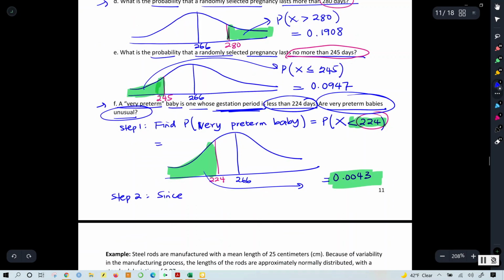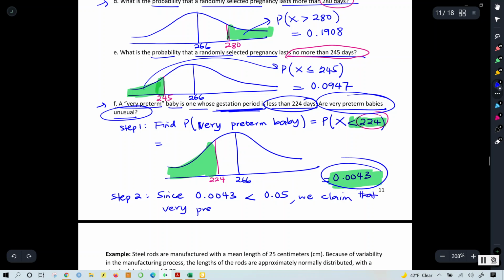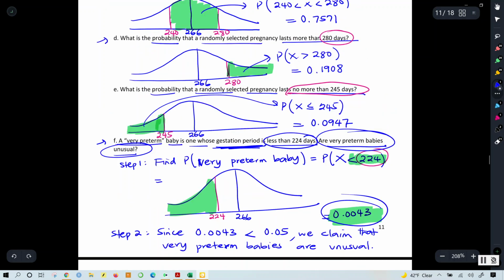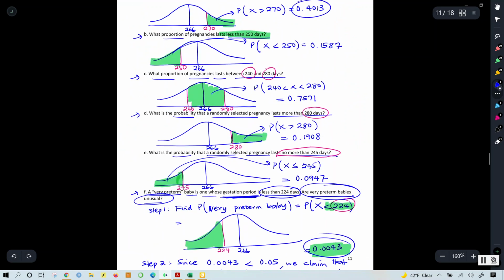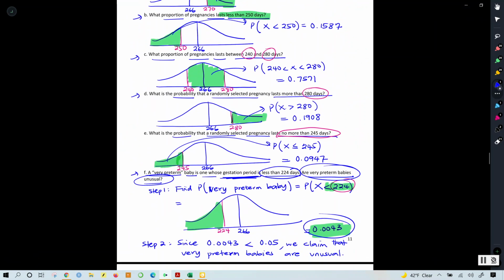Well, since this probability, 0.0043, is less than the threshold of 0.05 that we have adopted for this class, we claim that very preterm babies are unusual. So with that said, we have answered all parts of this problem, and we will go to the next video.